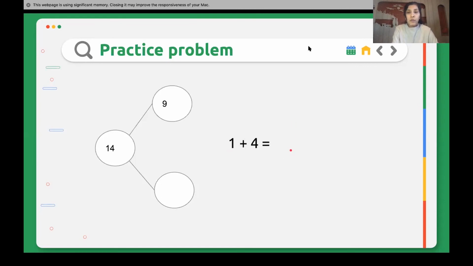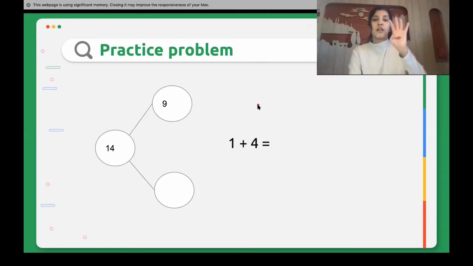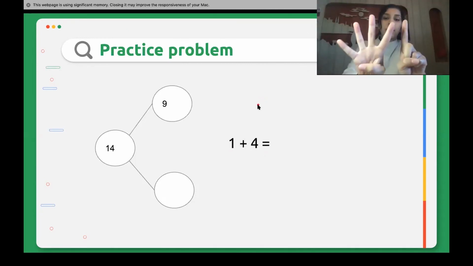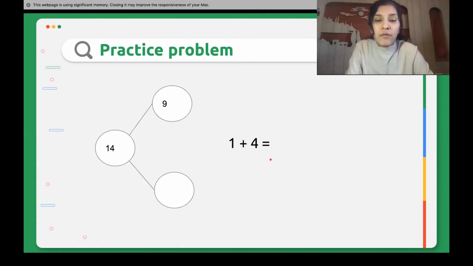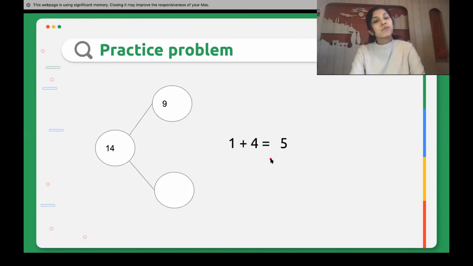So if you want, you can go ahead and use your fingers to add 1 plus 4. So 1, 2, 3, 4, 5. 1 plus 4 equals 5.